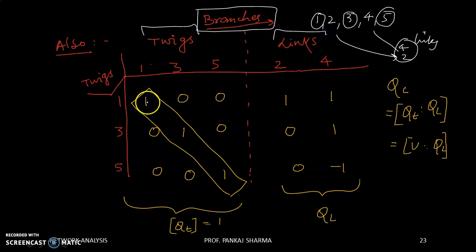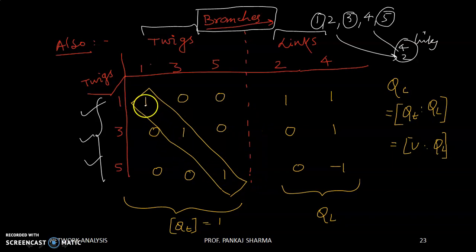So put all the values corresponding to twig number 1, but mark this: the positions of twigs have not changed. You have chosen a tree, and as per your chosen tree the twigs are fixed, 1, 3 or 5. So rearrange as per the twigs and links and put a dotted division line like this.